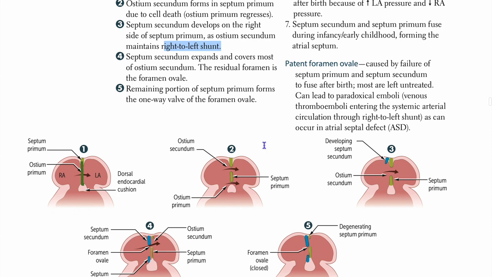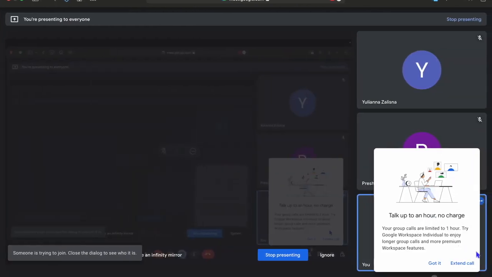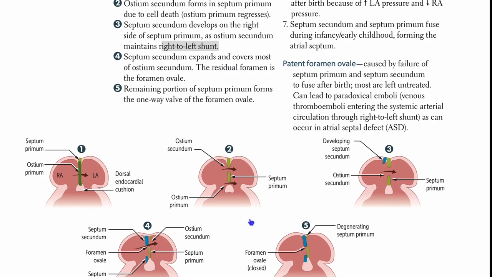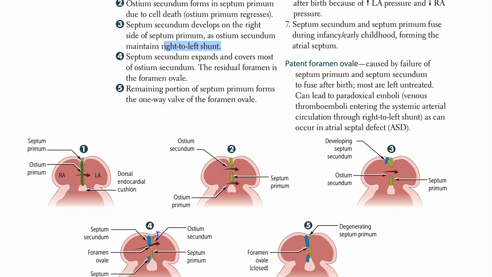Because you have to remember it's still a fetus, right? So they don't have all the cardiac muscles built, so the majority of the blood coming in is from the superior vena cava and the inferior vena cava. So the force of that is going to build up the right to left shunt for now, okay?